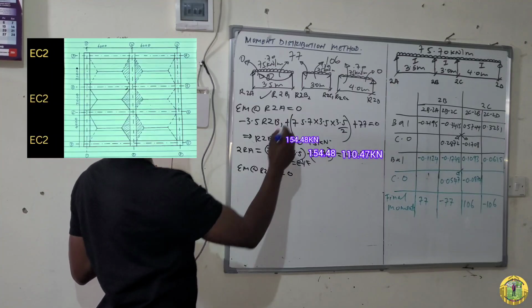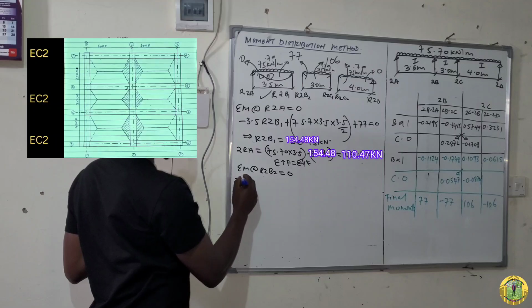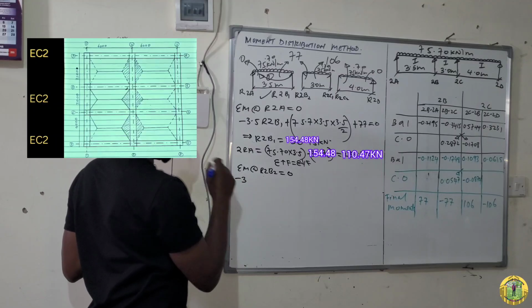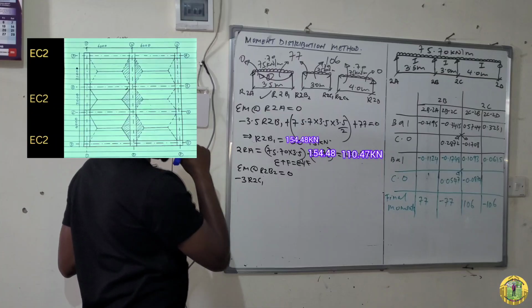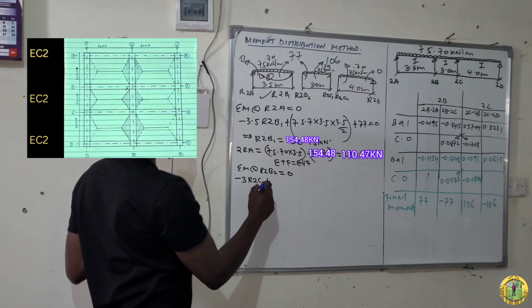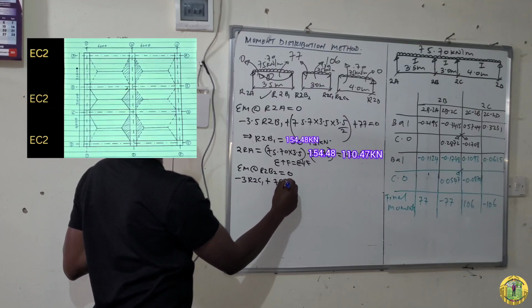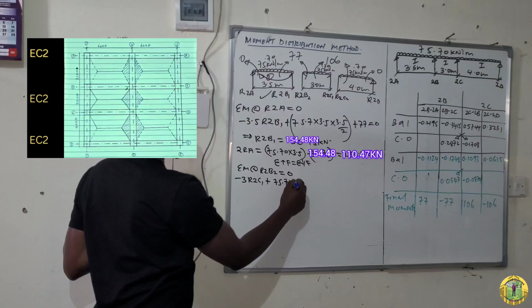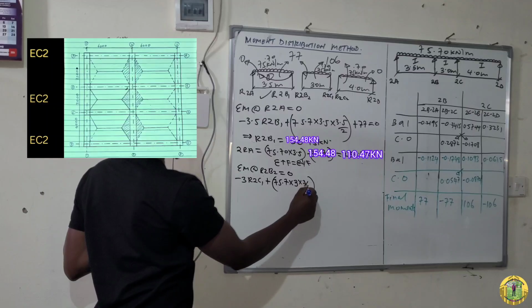So this one will be moving in anti-clockwise direction, which is negative 3, sorry, R2C1, plus the UDL, which is moving in clockwise direction, plus 75.7 times 3, then times 3 over 2, because it acts at the center.